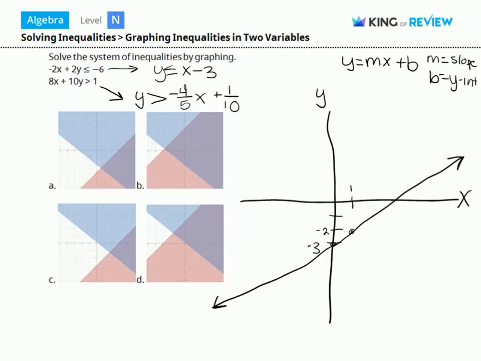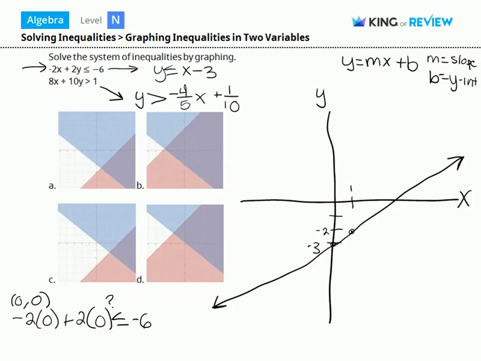Now let's determine which side of the line to shade. We can do this by plugging in a point. Let's use the point 0, 0, and we'll plug this into our original inequality here. Negative 2x plus 2y is less than or equal to negative 6. So we have negative 2 times 0 plus 2 times 0 is less than or equal to negative 6.